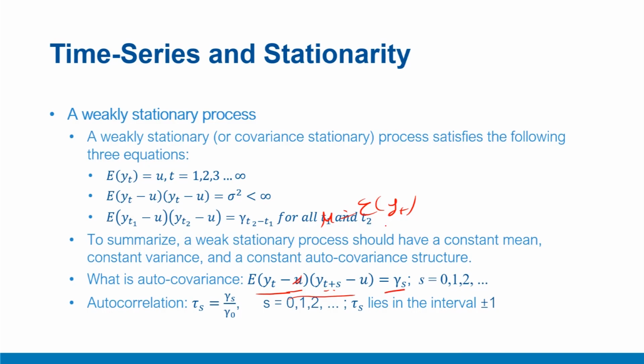Because of scale, this autocovariance is slightly difficult to understand, and therefore we compute something called autocorrelation by dividing this autocovariance by the variance term. What is variance? Variance is the autocovariance of yt with its own self, neither lead nor lag. So this tau s is the autocorrelation. Obviously when the lag is equal to 0, the autocorrelation will be 1, because we are computing the correlation of yt with itself, and for all other lags it will lie between +1 and -1. So this is called autocorrelation, which is a more refined measure than autocovariance.